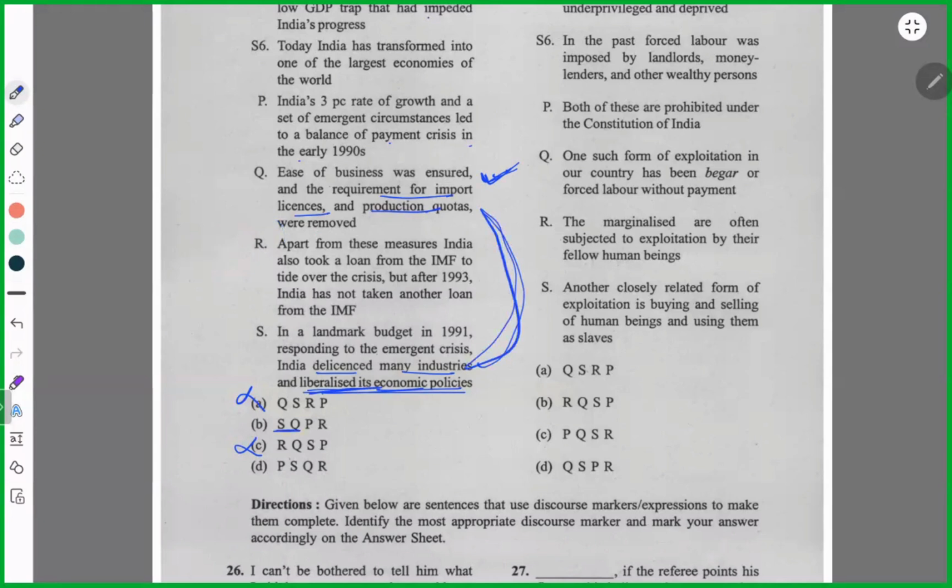SQ is here. Obviously, we already eliminated QS, so QS is not a pair here. That means we are going right somewhere. If SQ is the starting one, let us say SQP can make sense or not. In a landmark budget in 1991, responding to emergent crisis, India delicensed many industries and liberalized its economy.